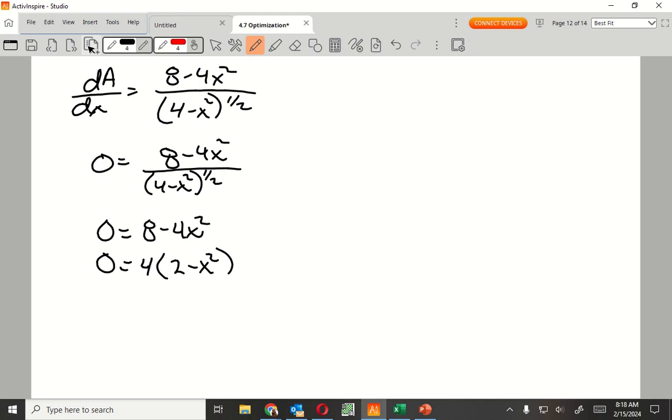Because I could divide both sides by 4, and then that 4 is going to be gone. And now I'm going to be left with 0 equals 2 minus x squared. Move the x squared to the other side, which makes it positive. x squared is equal to 2. So therefore, I get x equals plus or minus square root of 2.